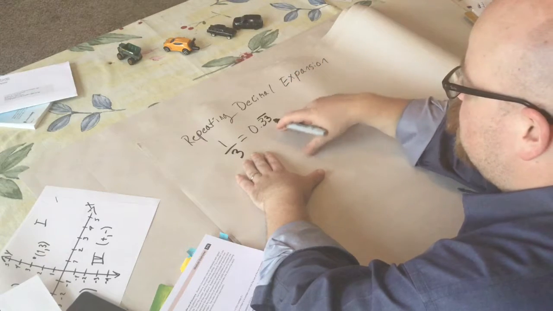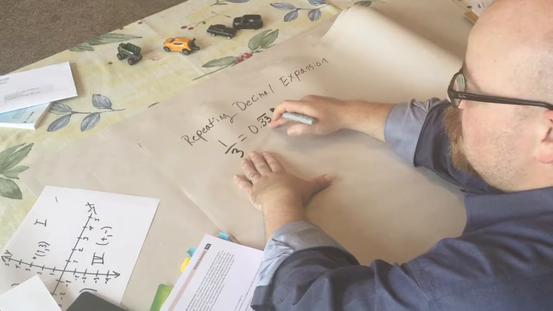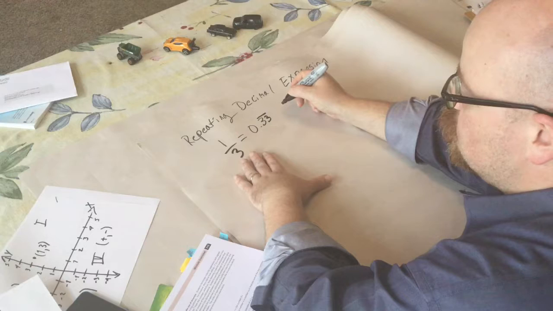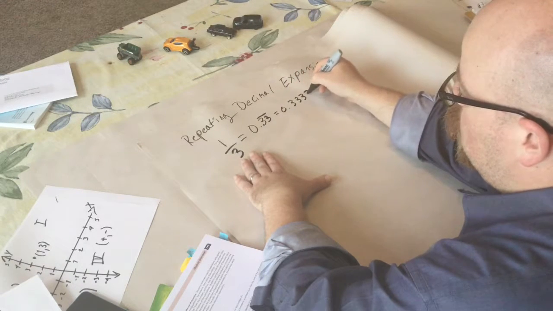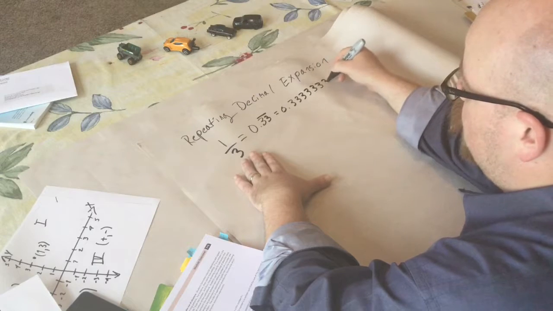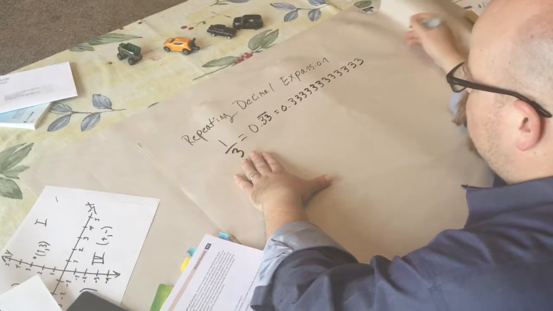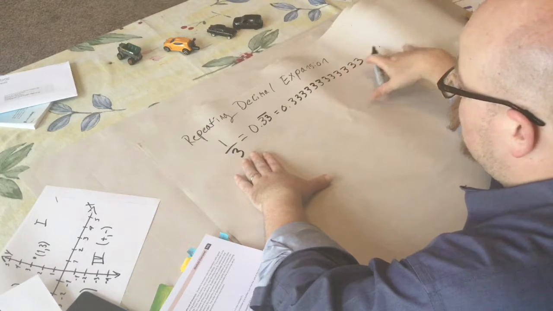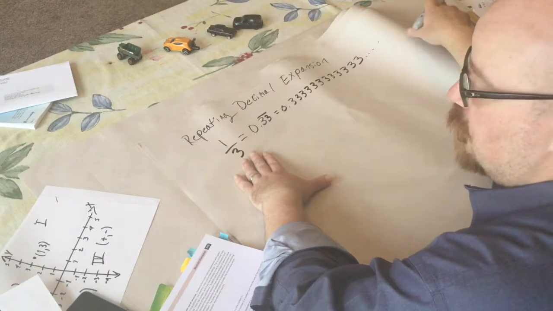What this means is that there is a block, which is the digit 3. This is what it means. All right, this goes on forever. It never terminates. This is an infinite number. It goes on and on and on.